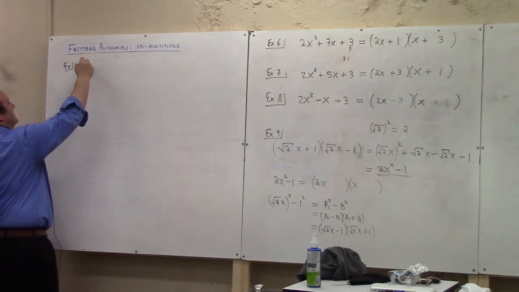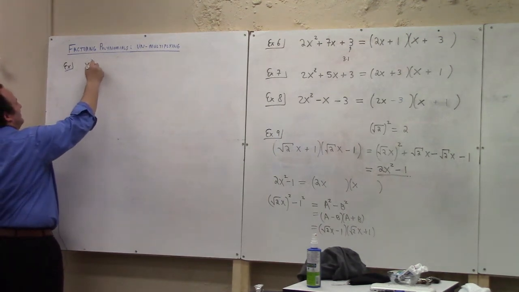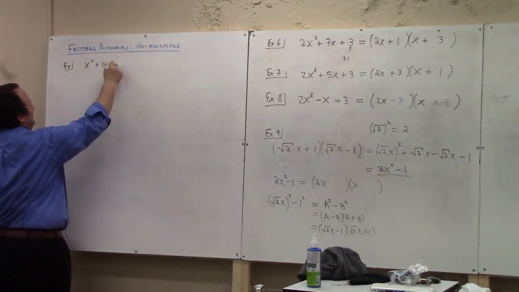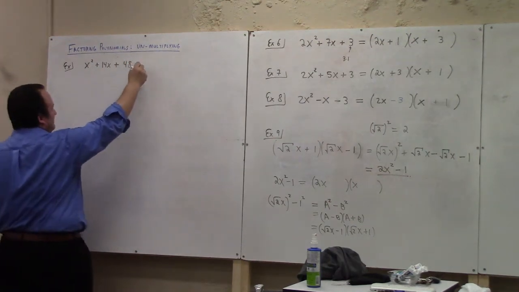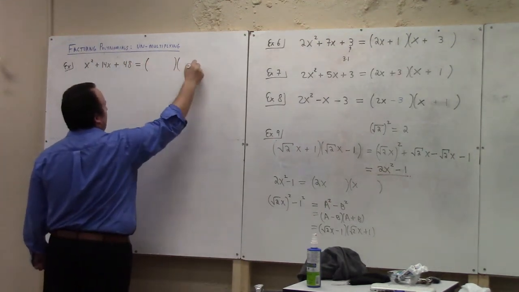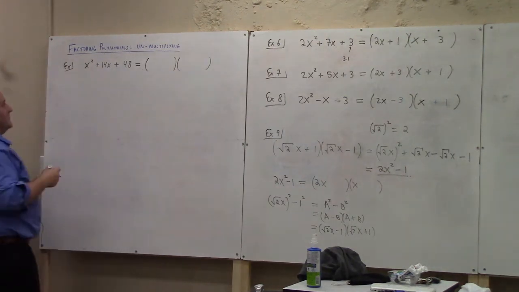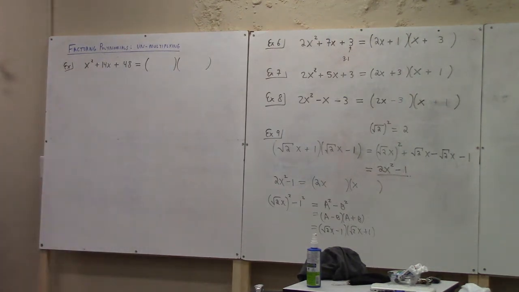So x squared plus 14x plus 48. Now, thankfully, I got rid of that pesky 2, right?